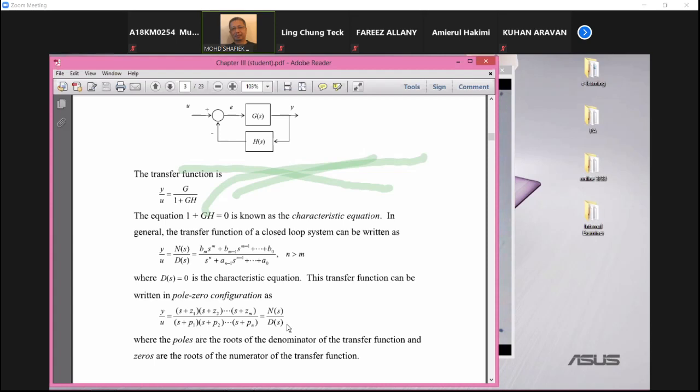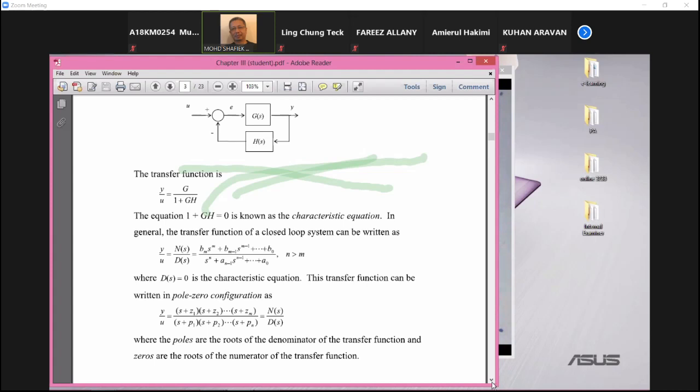Only one term that goes to infinity is enough to make the system unstable. But sometimes the roots are complex. It is not just a distinct real number. When the roots are complex numbers, we look at the real part of the roots. If there exists a positive real part of the roots, then we say that the system is unstable.